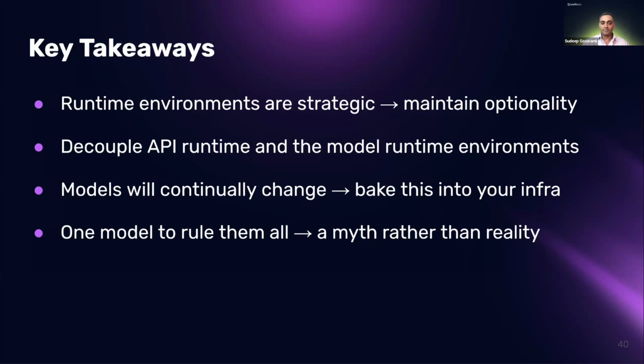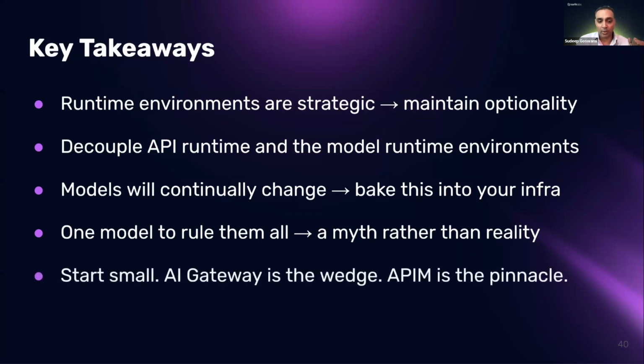And I will leave you with the last one. We showed you a bunch of stuff here. Yes, some of this could get pretty complex, although it's very modular. And we would just recommend that you start small. The first thing you can do is implement an AI gateway if you don't already have one in your infrastructure, because that really creates that wedge that gives you that decoupling.